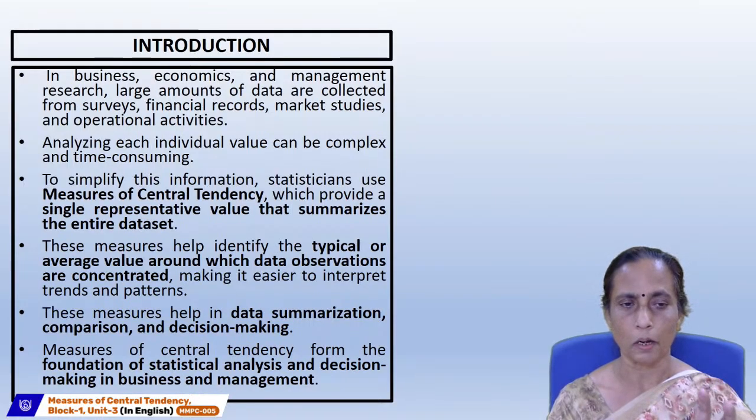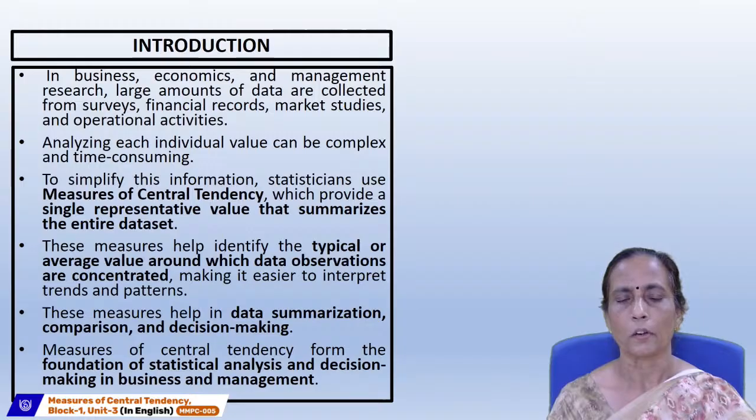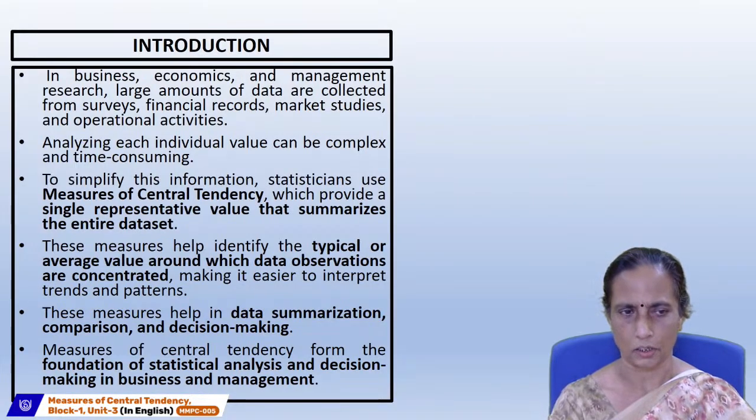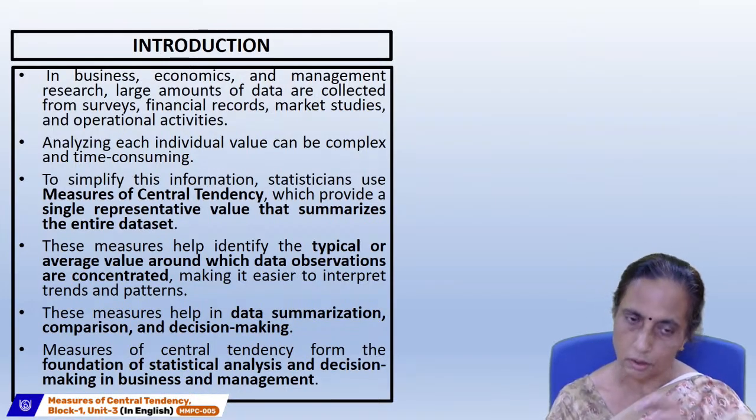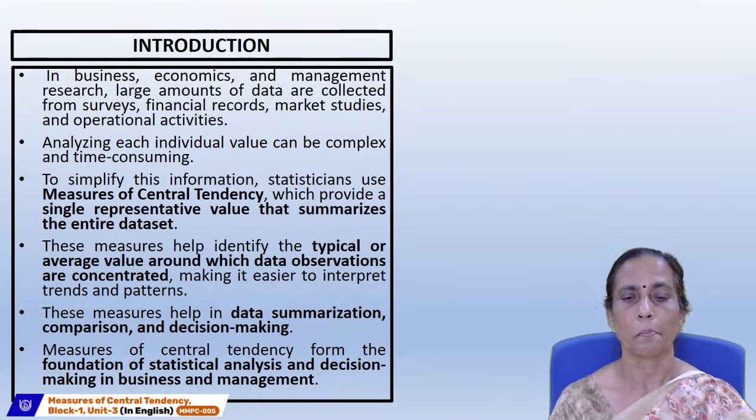Or you may say the measure of central tendency provides a single representative value which summarizes the entire data set. So these measures help in identifying a typical average value around which the data observations are concentrated, making it easier to interpret trends and patterns.